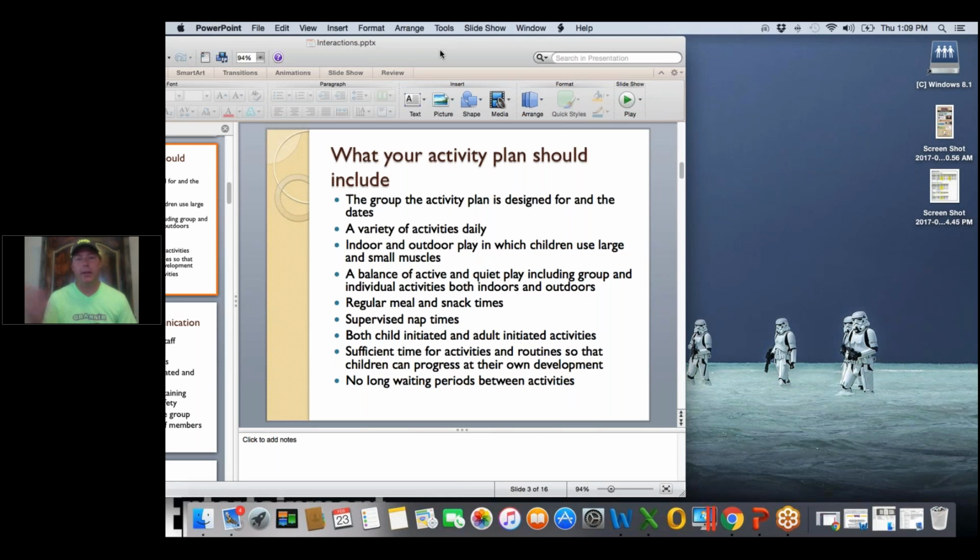So you can see here it needs to have the classroom that it's designed for, a variety of activities daily, large and small muscle development, active and quiet play, meal times, of course, rest or supervised nap time or rest time. We want a combination of child-initiated activities and adult-initiated activities.